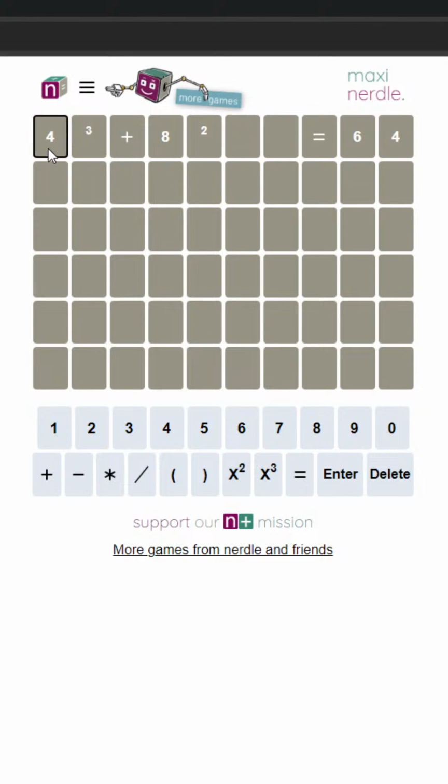Oh, there's parentheses. Okay. So let's put one here, one here. Okay, no, let's put this here. Actually, let's put it here. We'll do divided by 2.